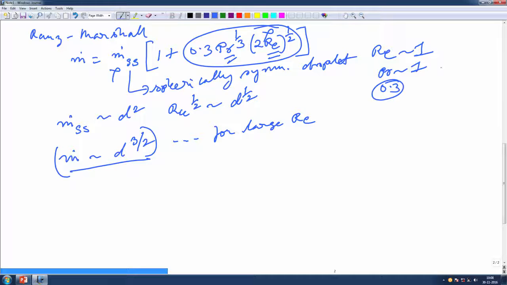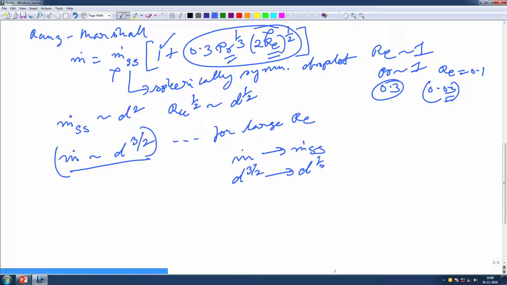If the Reynolds number value is say 0.1, this factor now becomes 0.03, so it is only 3% compared to this. There is only a 3% increment. Similarly, if the Reynolds number decreases further, this m dot approaches m dot SS. So, in other words, if we plot the evaporation flux, it goes from d to the power of 3/2 to something like d to the power of 2.